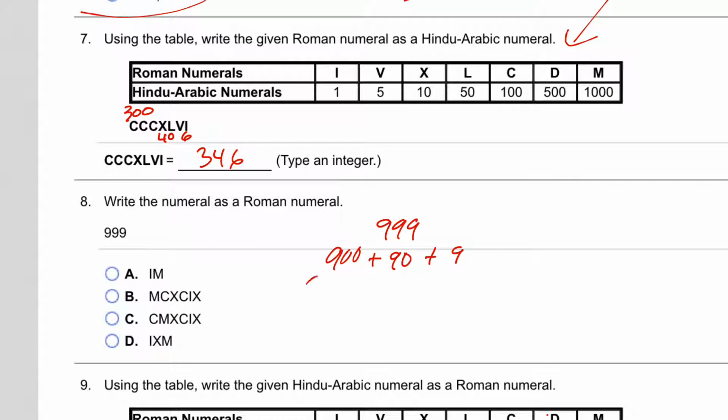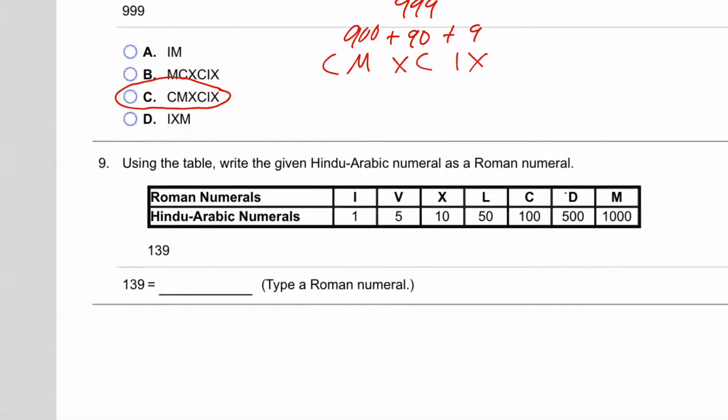So we're going to take that 100, put it before the 1,000. And since this is multiple choice, we can clearly see it's this one. But if this was not multiple choice, then you would have to finish this up. So 90 would be 100 minus 10. So put the 10 or the X in front of the 100. So that's XC. And then we can't do 5 plus 4 because that's too many. But we can do 10 minus 1. So that's going to be 1 in front of the X. Okay.